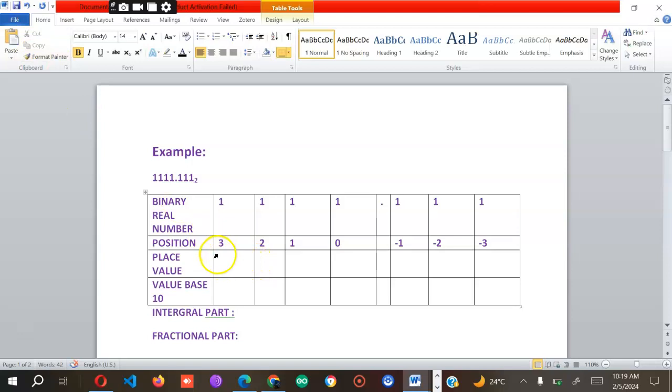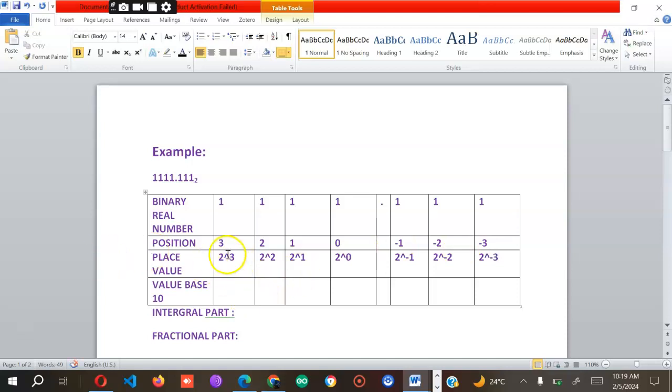Then the place value is 2 raised to power 3, 2 raised to power 2, 2 raised to power 1, 2 raised to power 0. After the point, we have 2 raised to power -1, 2 raised to power -2, and lastly 2 raised to power -3.